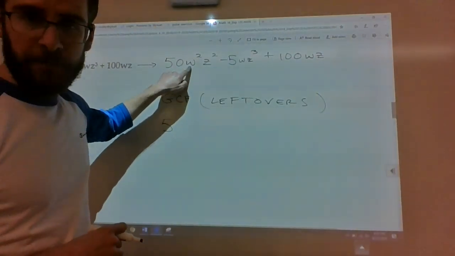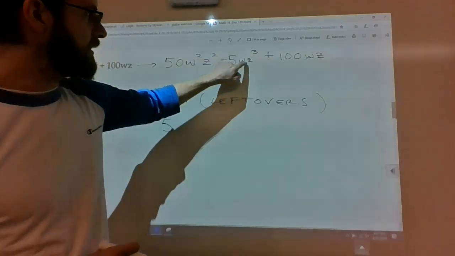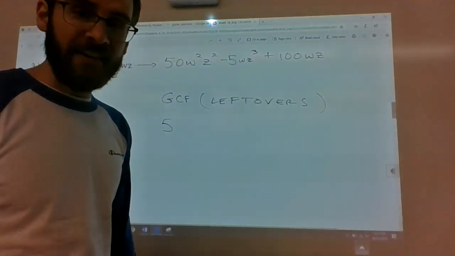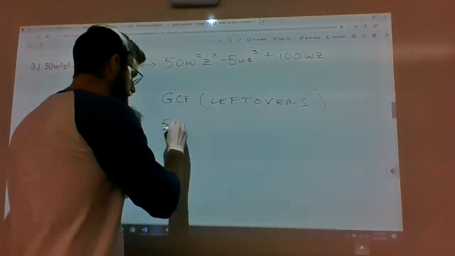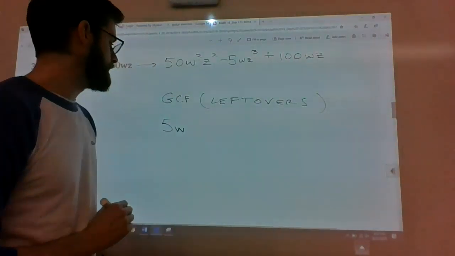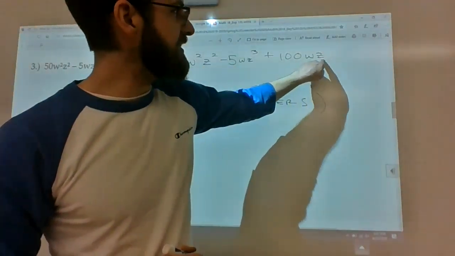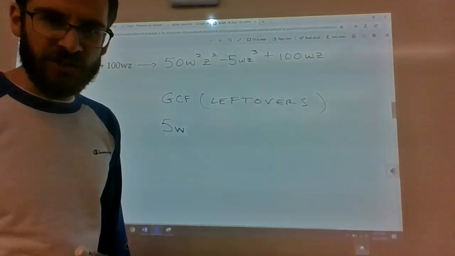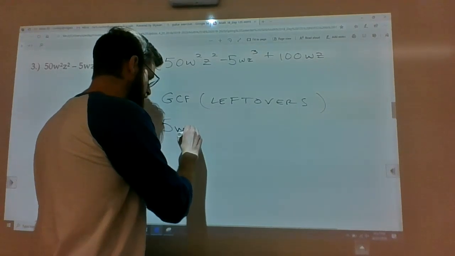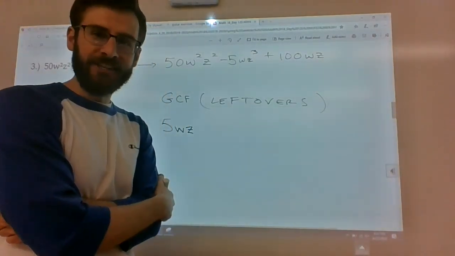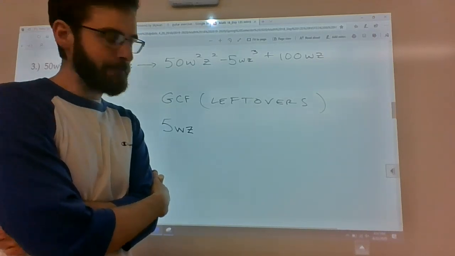I'm moving on to the W's now. W squared, W to the 1, and W to the 1. They all have at least one W. Z squared, Z cubed, and Z. They all have at least one Z. That's my GCF. No prime factorization needed.